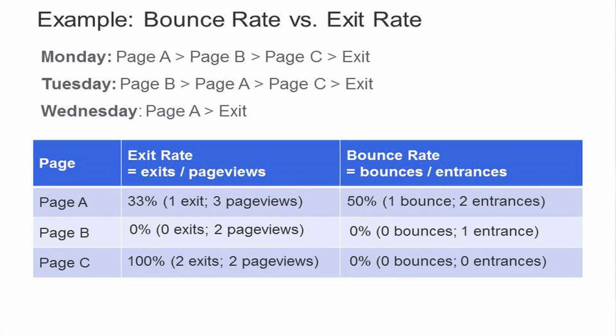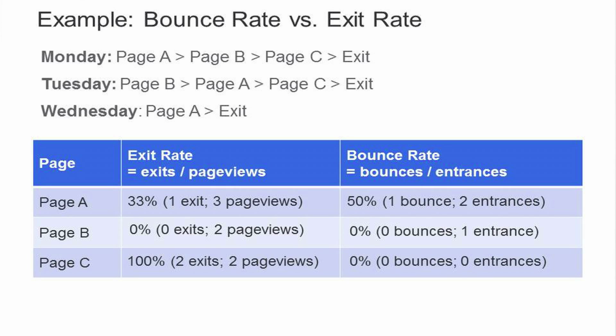For all sessions that start with page A, bounce rate is the percentage that were the only one of the session. And the bounce rate calculation for a page is based only on visits that start with page A.